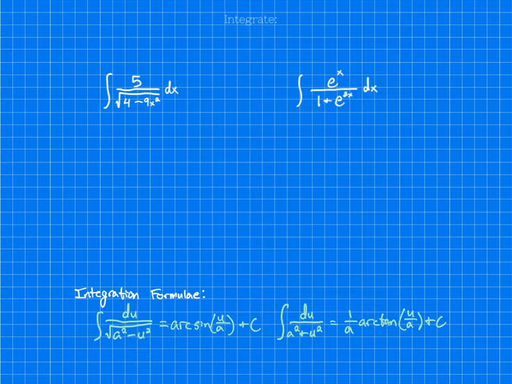The first thing that I would do when looking at this first integral is to think about what might be a good u. Now I'm looking at this 9x squared and this 4, and I'm looking at my formula right here at the u squared and the a squared. I'm looking back at the 9x squared, back at the u squared, and thinking, okay, I think I might know what a good u to pick here would be.